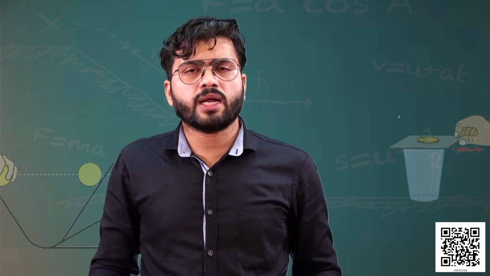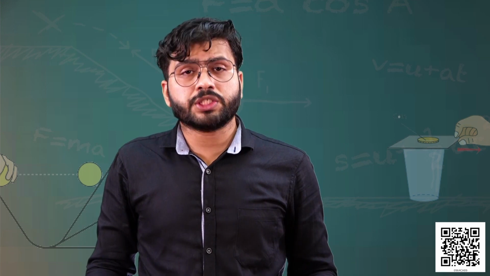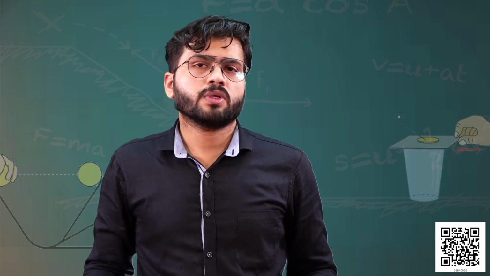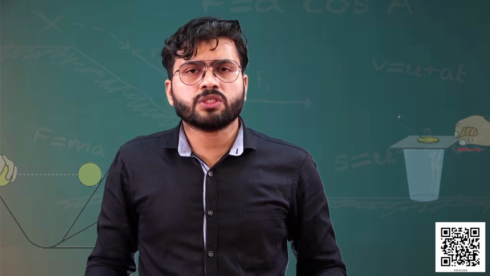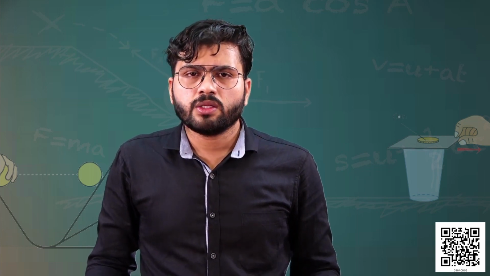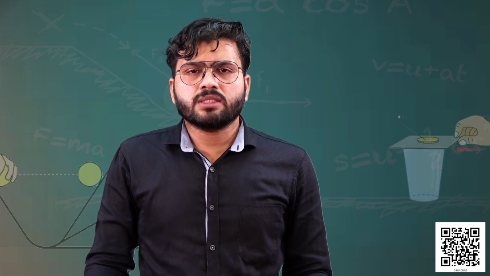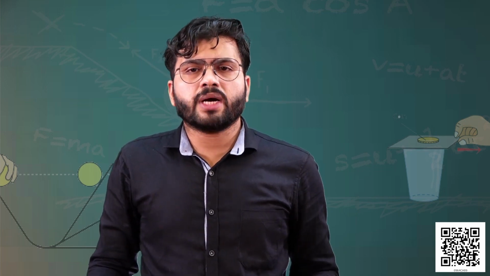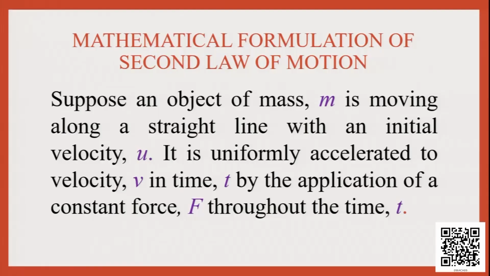Now let us look at the mathematical formulation of the second law of motion, which is also known as change in momentum. Let us consider that an object of mass m is moving along a straight line with a velocity of u.